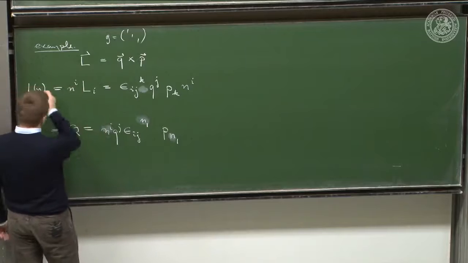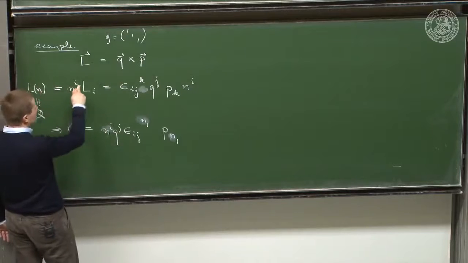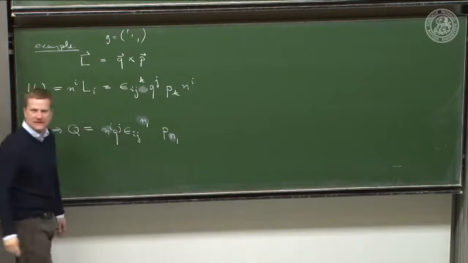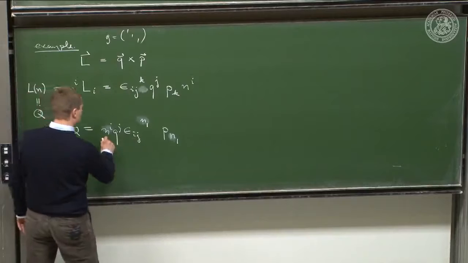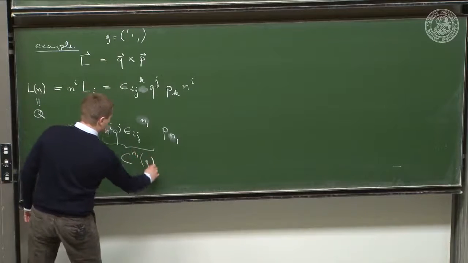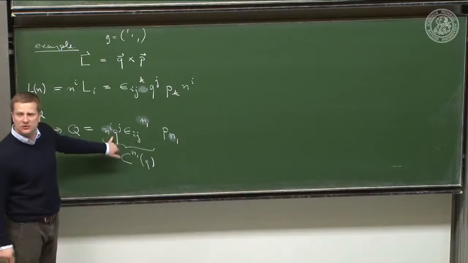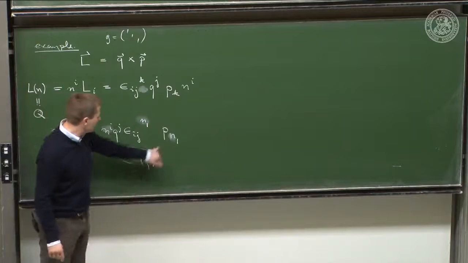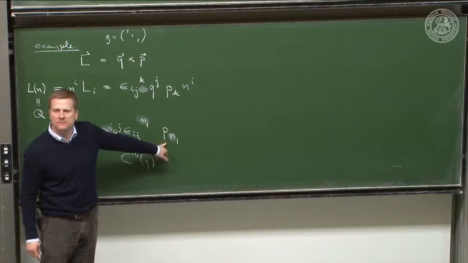This n is a vector, these are the components, and this is an index n, but you'll cope with this. And this is the coefficient C n1 of Q. You see, this coefficient depends on Q and is the coefficient of this one p.